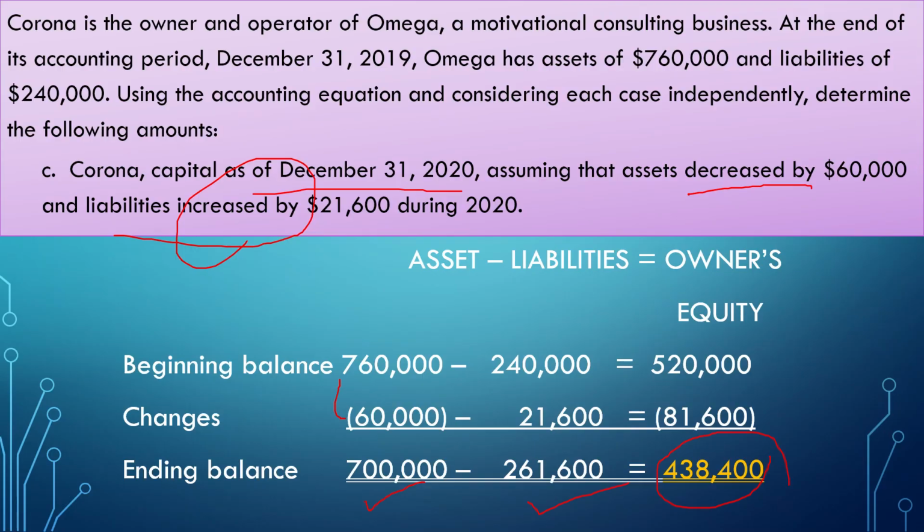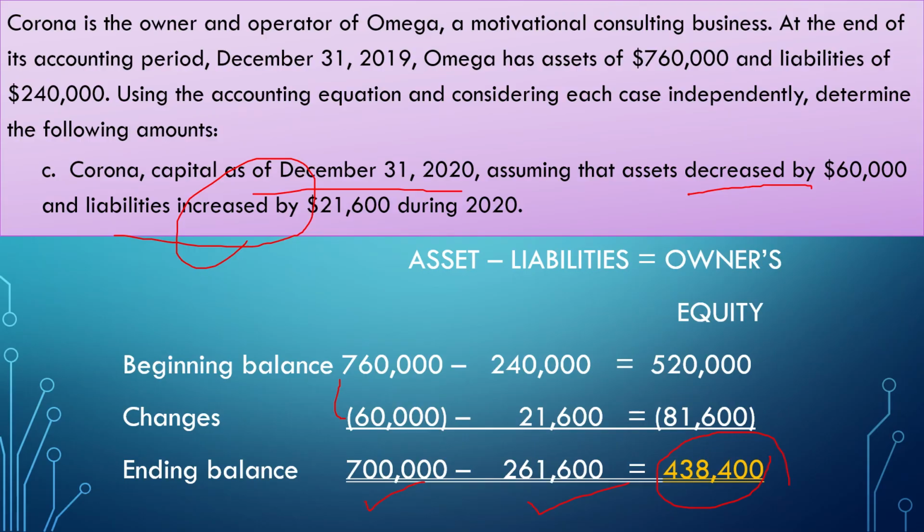438,400. Or you can compute using another way, like using the changes. We have a decrease, so negative 60, then minus the increase in liabilities, so positive. Negative 60 minus positive, the answer is negative 81,600.